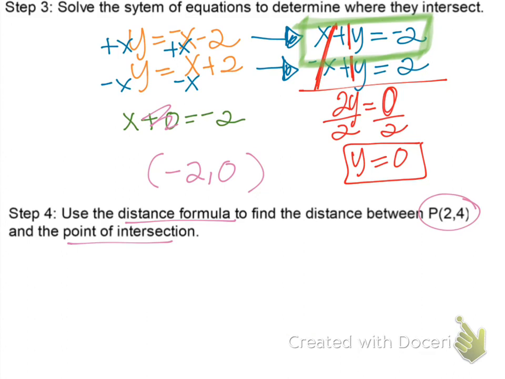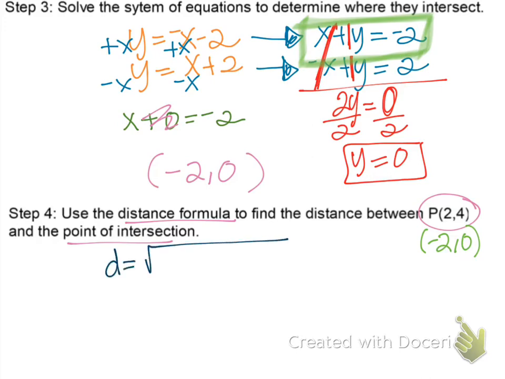Our point of intersection, we just found that, was at (-2, 0). So now I'm going to get the distance between those 2 points.